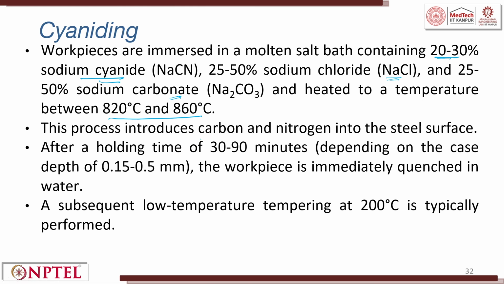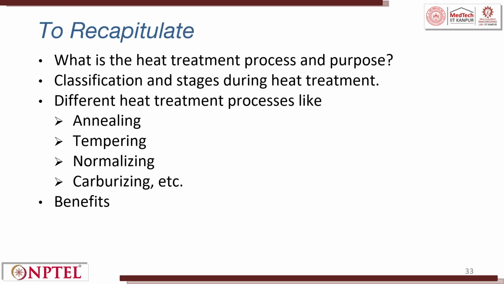This process introduces carbon and nitrogen into the steel surface. After a holding time of 30 to 90 minutes, the workpiece is immediately quenched in water, so that you get this cyaniding layer on top of the surface. Subsequent low temperature tempering at 200 degrees Celsius is typically performed to increase mechanical properties like ductility.